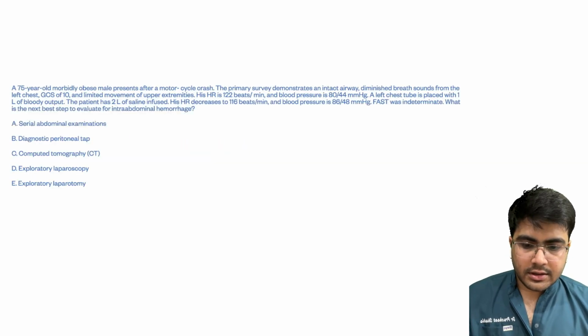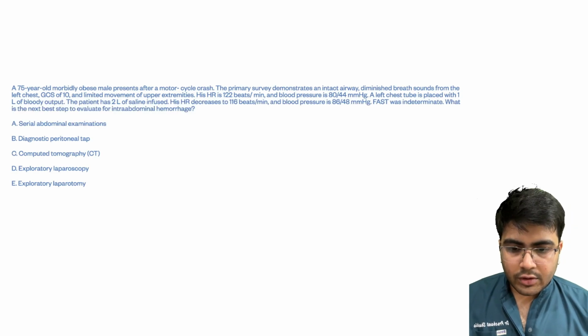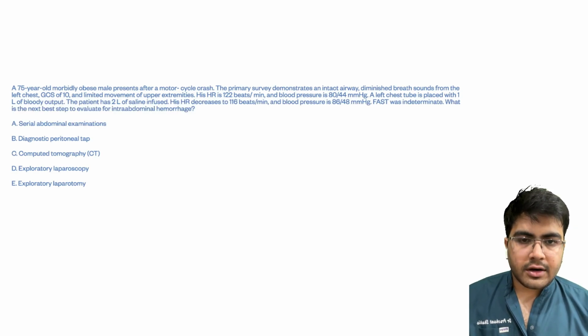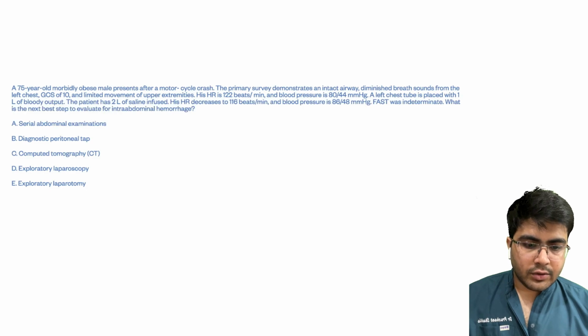So this would be the last question, I believe. A 75-year-old morbidly obese male presents after a motorcycle crash. The primary survey demonstrates an intact airway, diminished breath sounds from the left chest, GCS of 10 and limited movement of upper extremities. His heart rate is 122 beats per minute, blood pressure is 80/44.